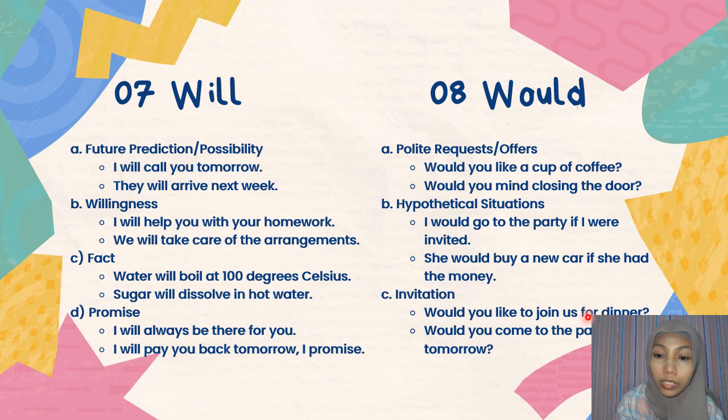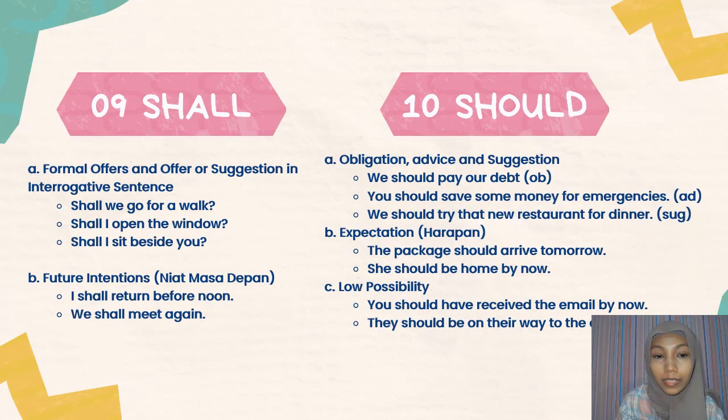Would you like to join us for dinner? Next, shall. Formal offers and suggestions in interrogative sentences. For example, shall we go for a walk? Shall I open the window? And then future intentions. I shall return before noon. We shall meet again.